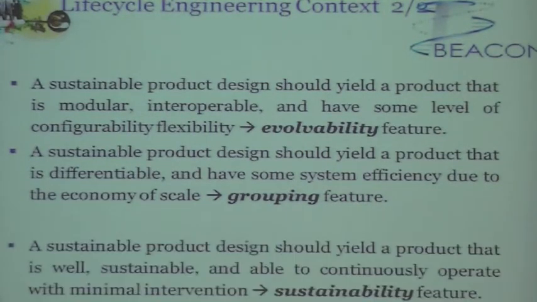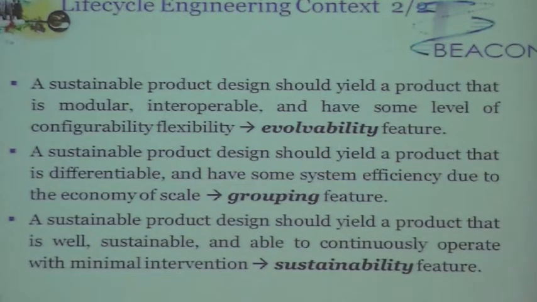And finally, a sustainable product, well, it should be sustainable. And by that I mean a product being able to operate with minimal intervention from the user. This is the sustainability feature.